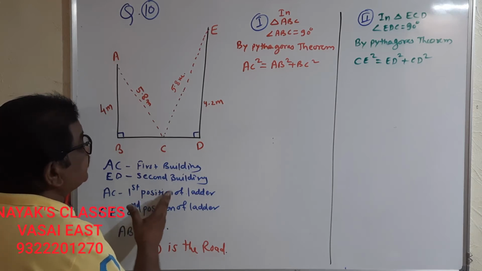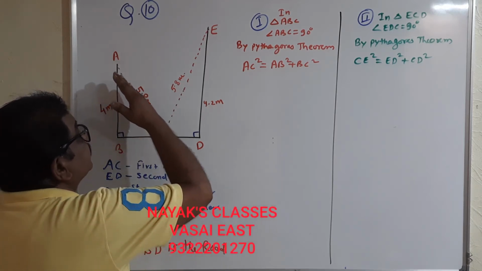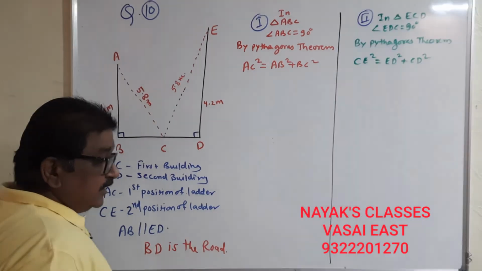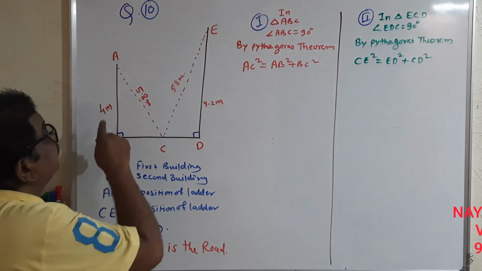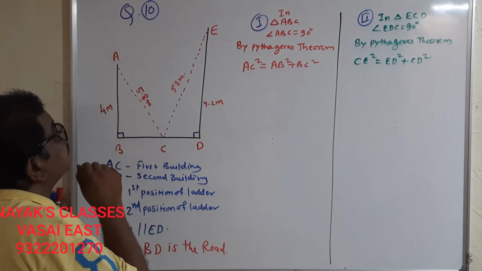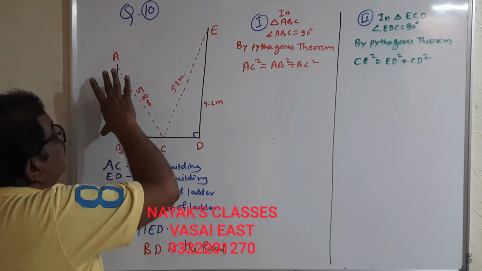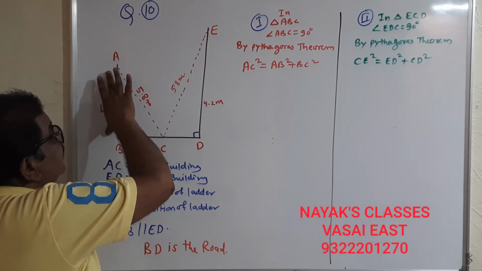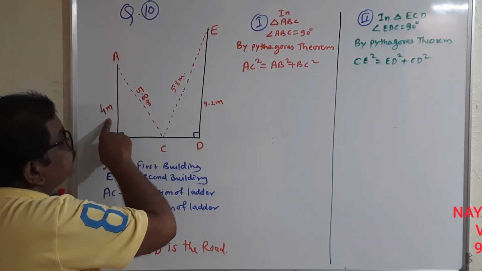AC is the first position of the ladder. The ladder is put to building AB, where the height of the AB building is 4 meter.